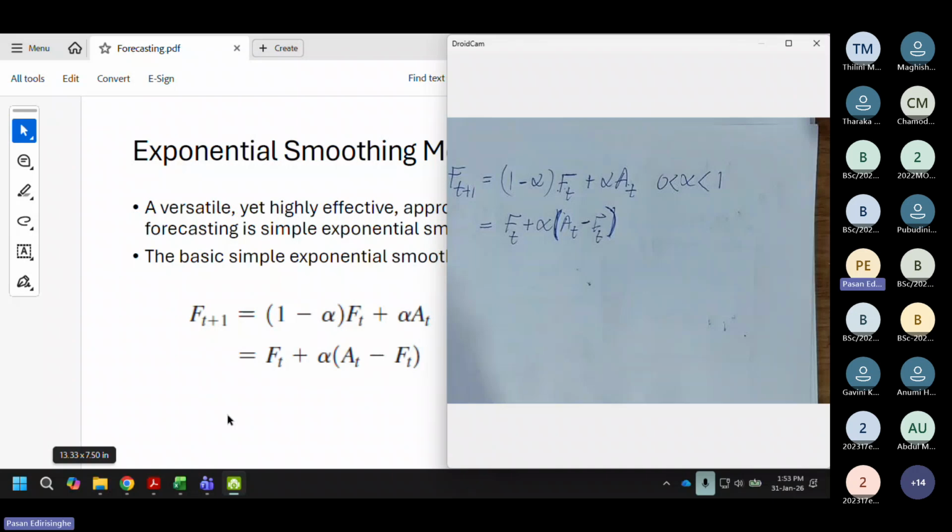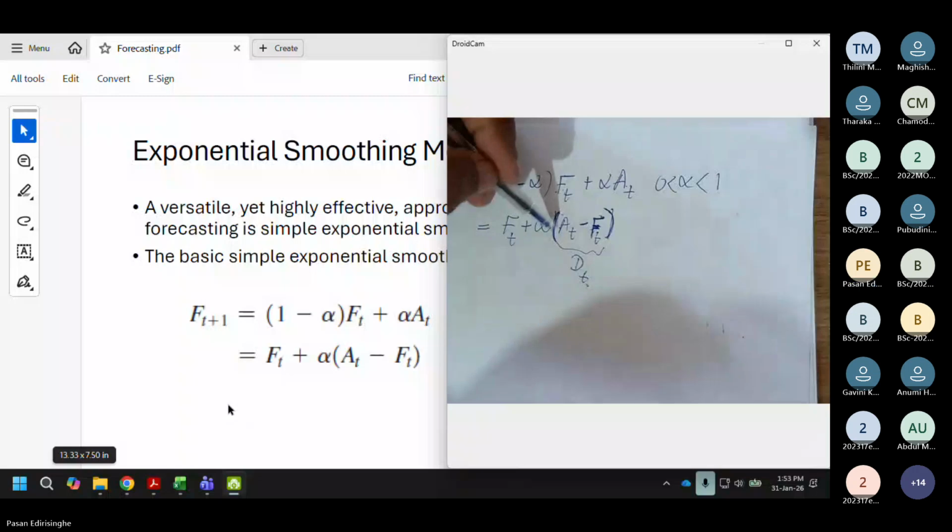In this way. So what does this indicate basically? Now you can notice we are taking the difference of that. So that's the deviation, right? These are the deviations. So what we are doing is that we take some deviation, take a part of the deviation and add it.